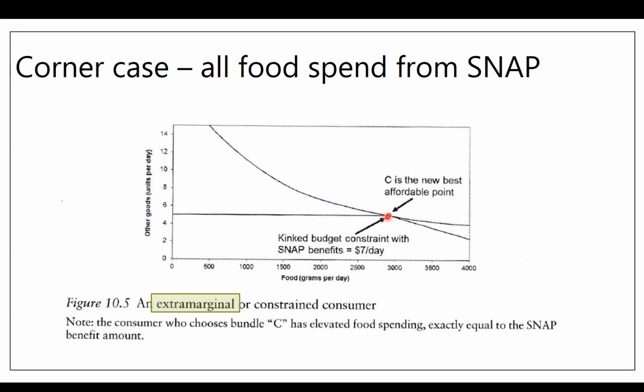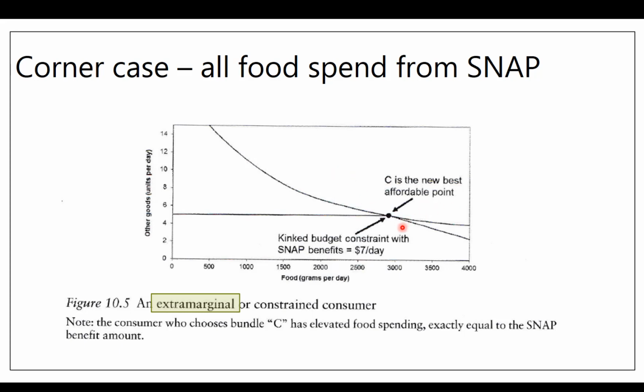But what they would really prefer, right, rather than consuming at this corner, is to have some of the income be fungible. Some of that income and the SNAP benefit to be fungible and go towards rent, clothing, other essentials, that they may be lower in, to get to a higher utility curve, okay?